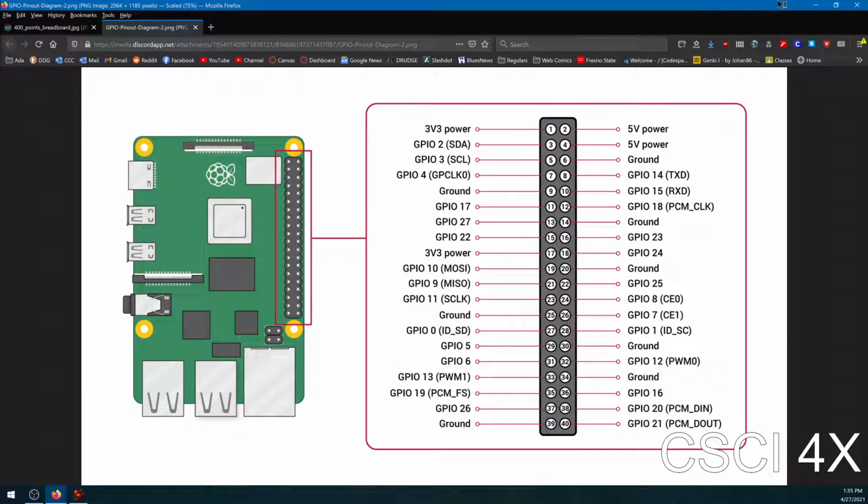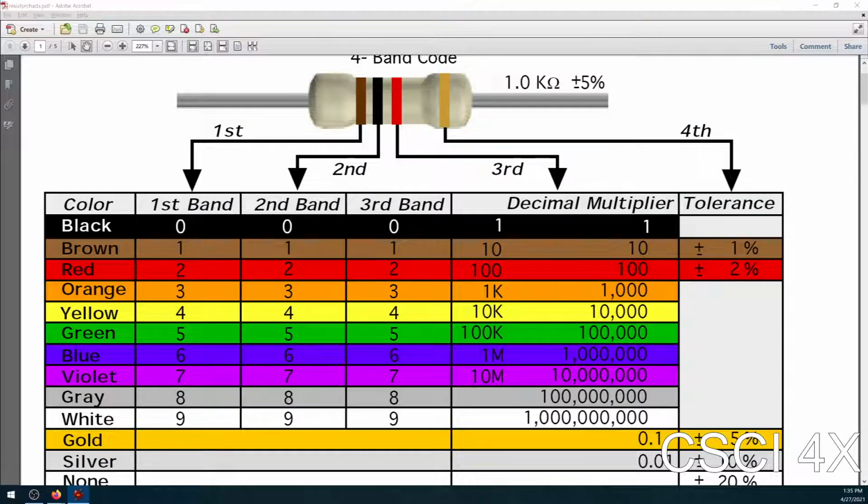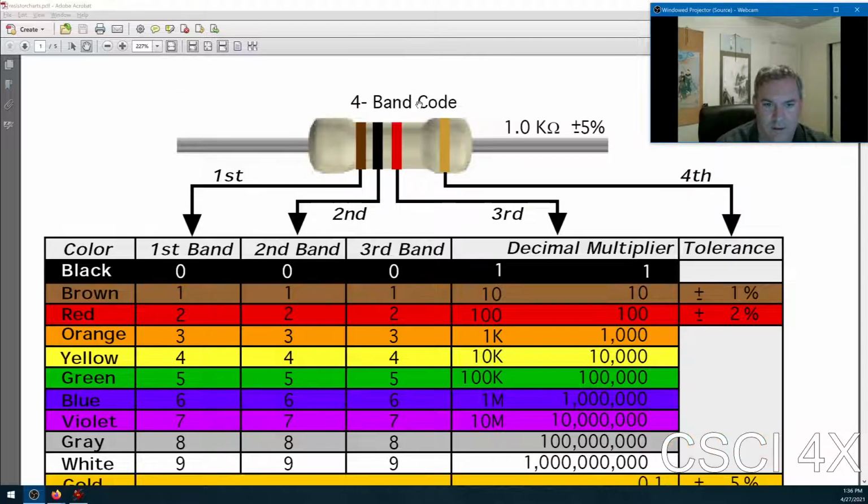Each of the digits of the resistance is indicated by color. The first two are the significant digits, and the third one is the power of 10 that it represents.